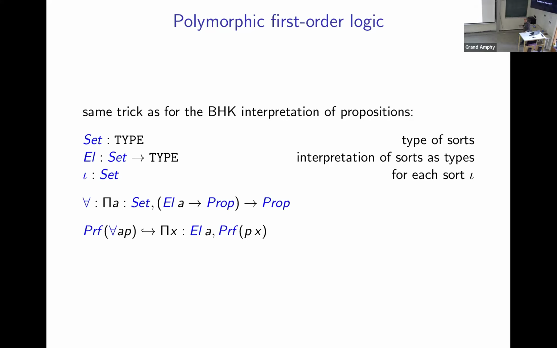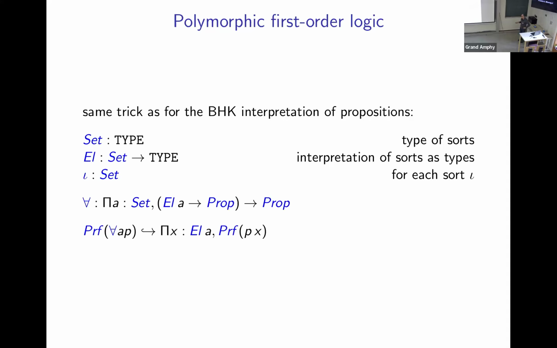And then you can have now a symbol for quantification that takes some additional argument, which is the set on which you want to quantify, and a proposition on the elements of this set.